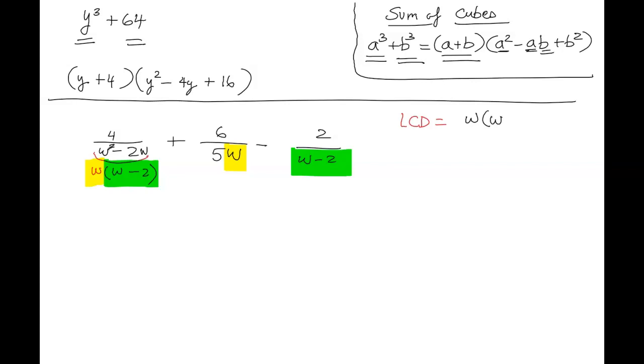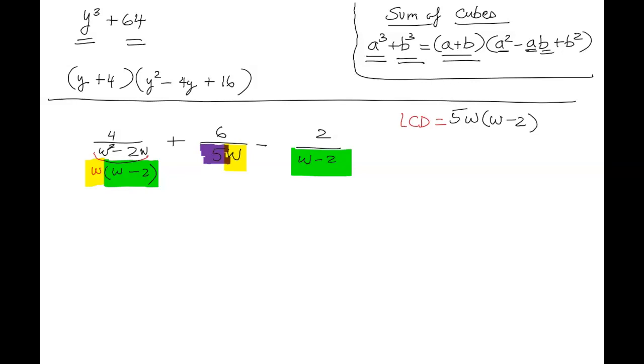So we got the w minus 2. And then whatever is left. And what we have left is the 5 here. Okay? I don't know why I chose purple. I just selected any type of color. So 5w times w minus 2 is your LCD.